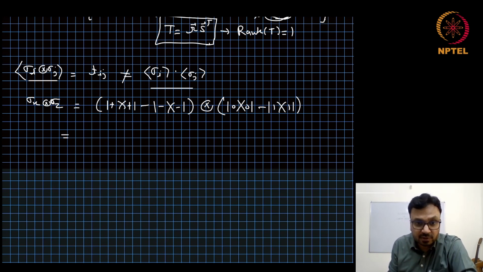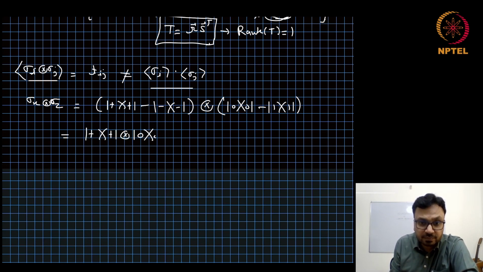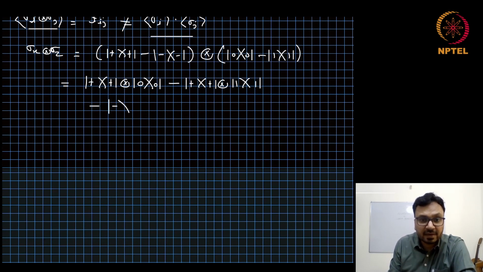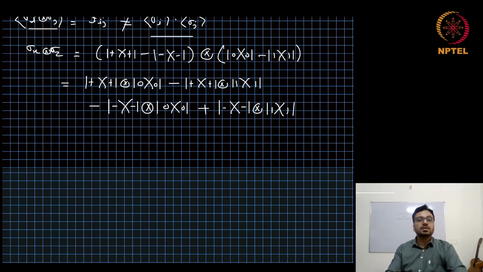Now we expand this product, we get plus plus tensor 0 0, minus plus plus tensor 1 1, minus minus minus tensor 0 0, plus minus minus tensor 1 1. This is what we get: the spectral decomposition of sigma x tensor sigma z can be written in this form.